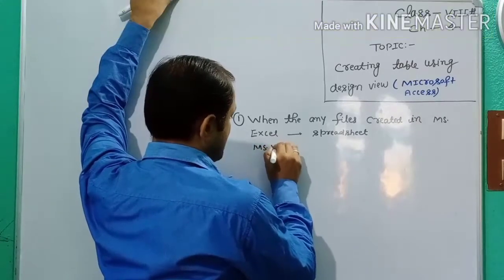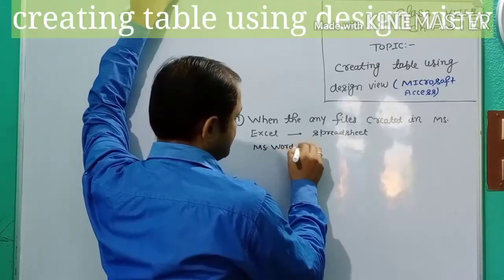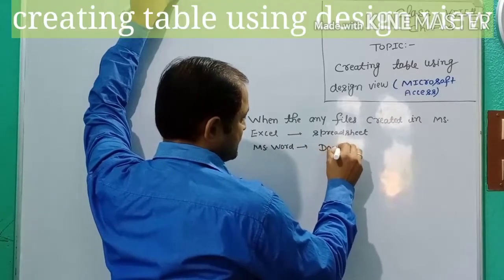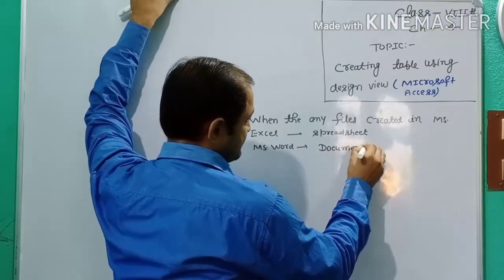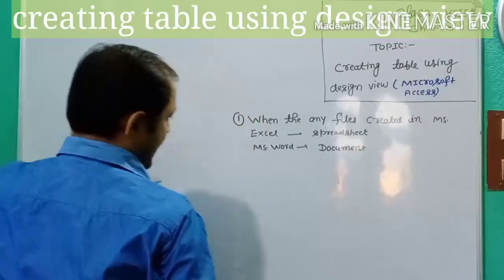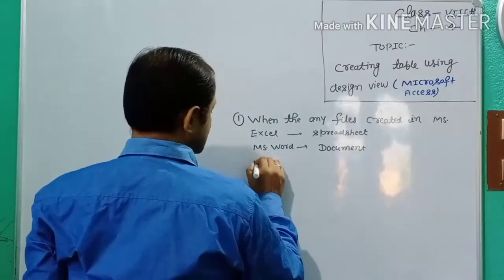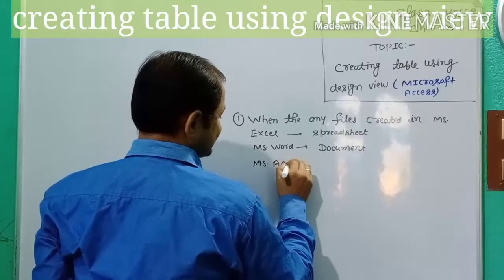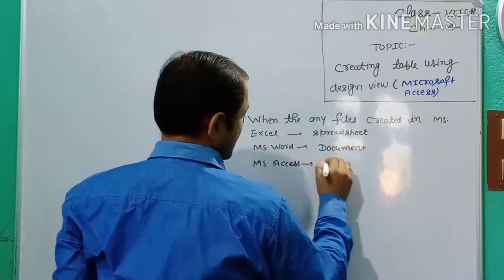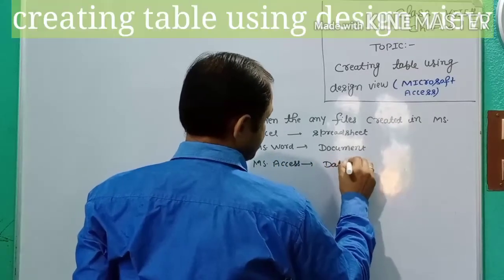Microsoft Word is related to documents and Microsoft Access is called a database.